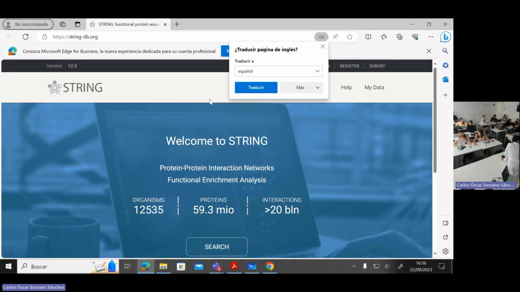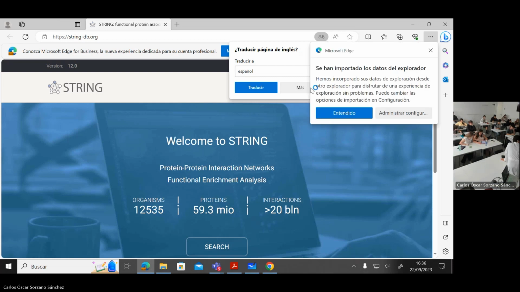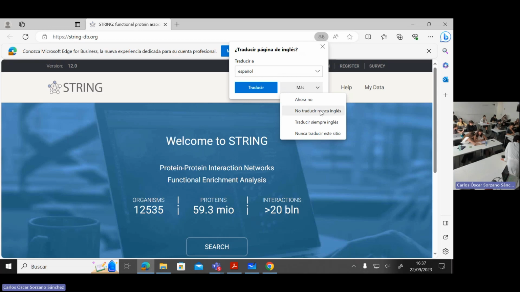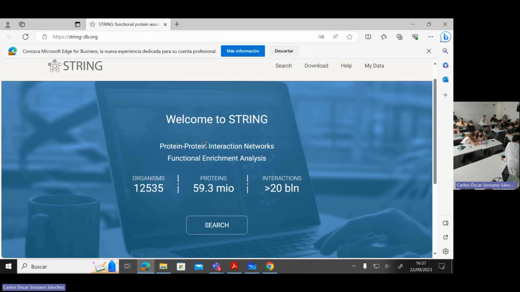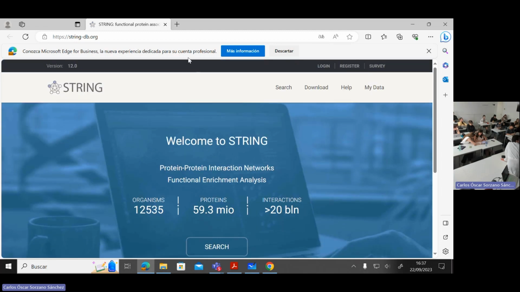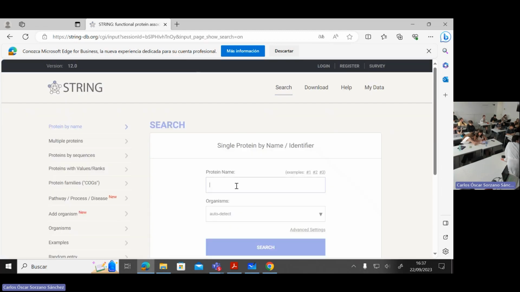You can open this screen. Sorry. Okay, so you can look for one protein here, say ERBB2.